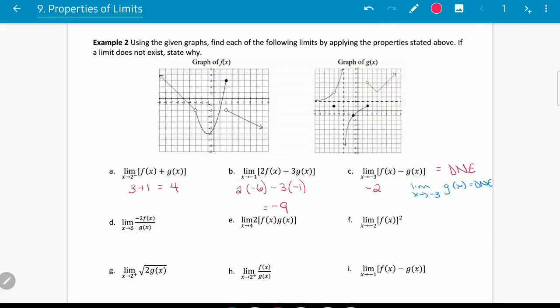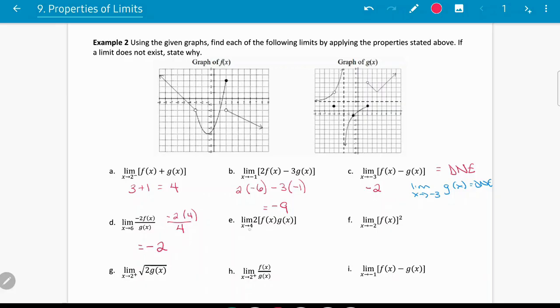Okay, so D, we have the limit as x approaches 6 of negative 2 times f of x, so that's going to be negative 2 times 4, and the limit as x approaches 6 of g of x is going to be positive 4, and so that limit is negative 2.